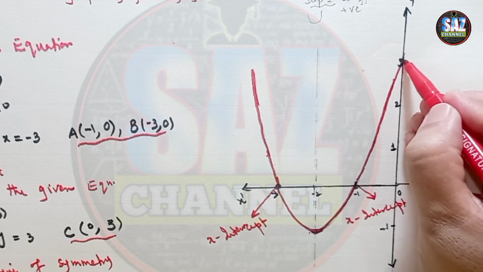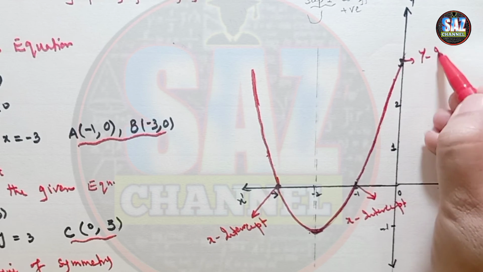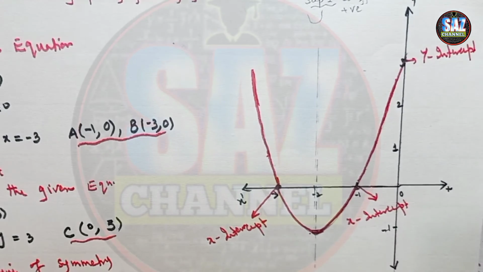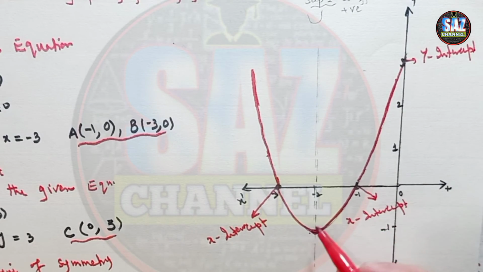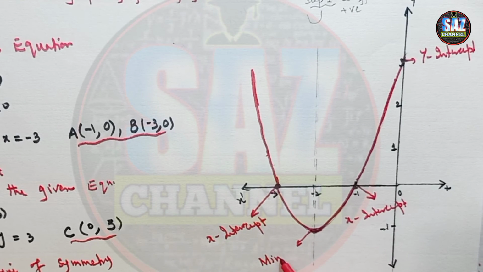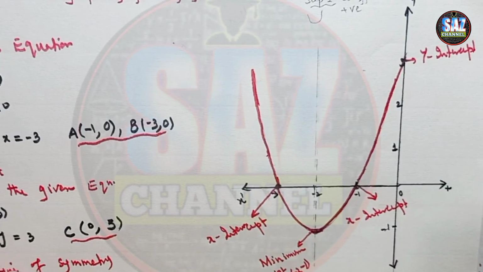This is your y-intercept. And this is your minimum point, which is (-2, -1), and this is the line of symmetry.